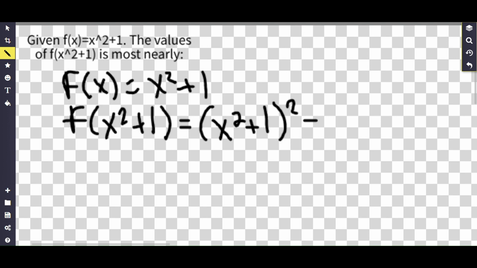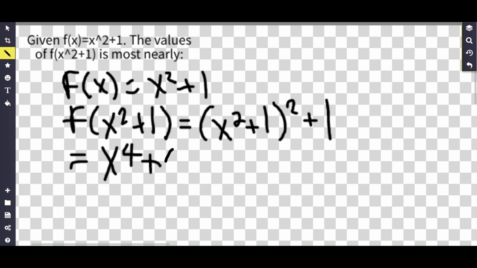If anybody's seen that movie, definitely loved it with Leonardo DiCaprio. You get x squared plus 1, squared, plus 1. And if you go ahead and solve it from there, you'll find that your x's and everything come out a little nicer.